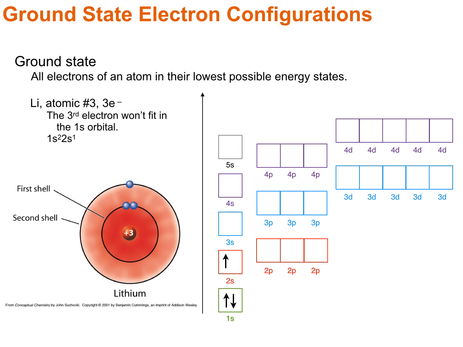So there are 2 electrons in the n equals 1 shell, represented by 2 blue dots. And then the second shell, the outer shell, is the n equals 2 shell, all right, with 1 electron in it. And that 1 electron is specifically in the 2s orbital. So again, the electron configuration for lithium is 1s2, 2s1.